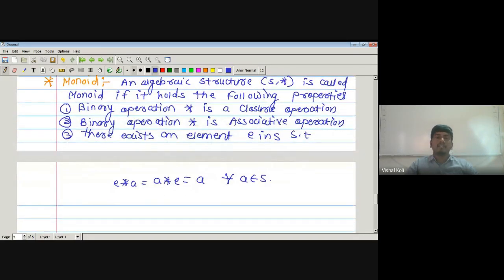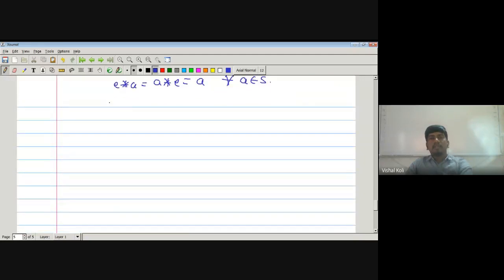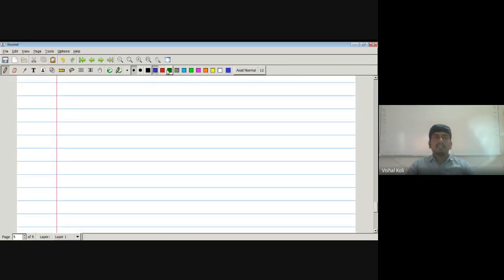If any algebraic structure holds these three properties, then it will be a monoid. Okay, we will take some examples of these three concepts.